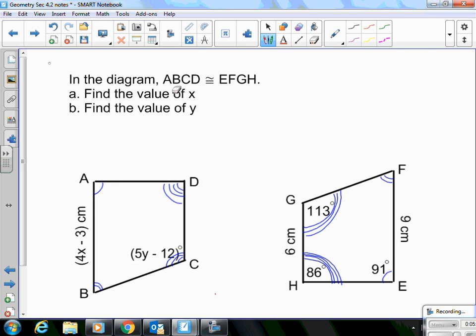Find the value of x. So the x is in this section right here on the side, which is side AB, which we said would match up with side EF. We're going to go together, right? So those two are congruent. So for A, we've got 4x minus 3 should be equal to 9 centimeters.